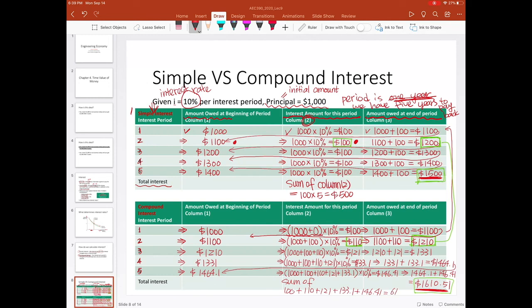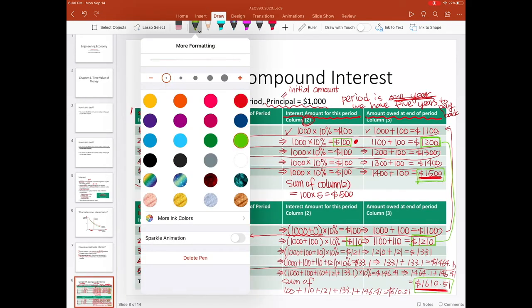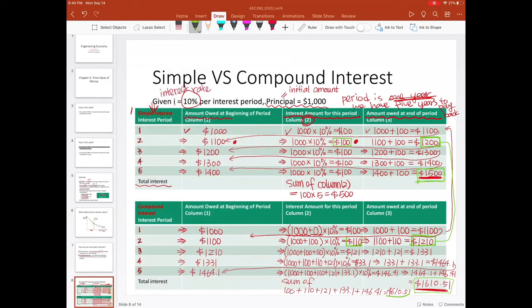It's 610.51. Okay, so in the end, the total interest you pay is also bigger or greater than this 500 if you calculate under simple interest.